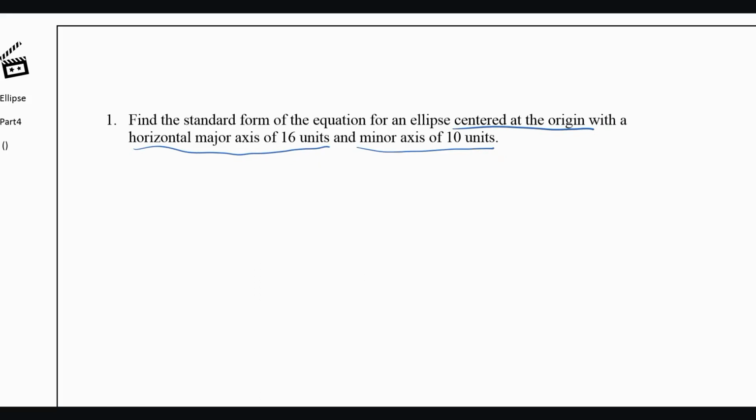Now, centered at the origin and horizontal major axis tells us that we want an equation of the form x squared over a squared plus y squared over b squared equals 1. Now, to fill this in, we need to find a and b.